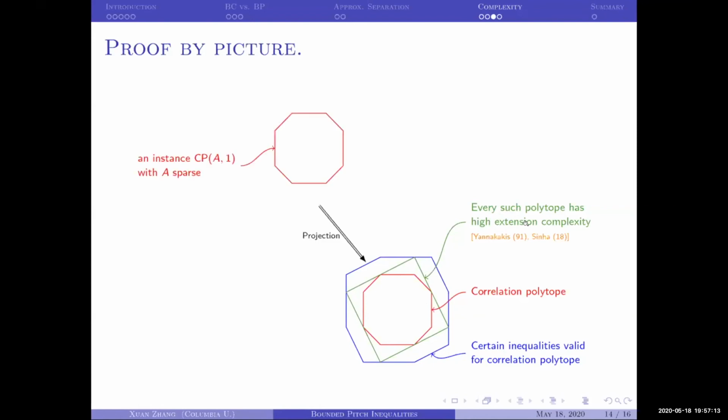So we construct an instance of the set cover problem with a sparse A matrix, and some inequalities of pitch pi, such that both of them project exactly to the correlation polytope and the inequalities for the correlation polytope. If this is true, then everything squeezed in between also will have very high extension complexity.